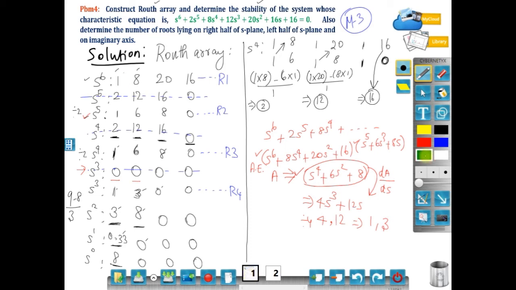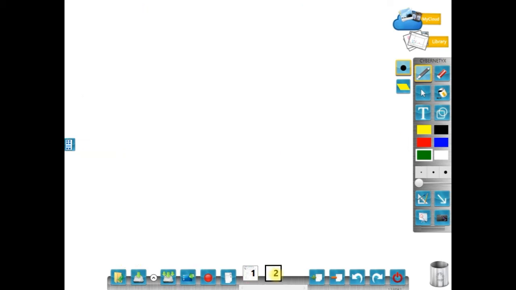consider the first column of the Routh array. All the elements in the first column of the Routh array are positive entries, right? Let me write the statement here.